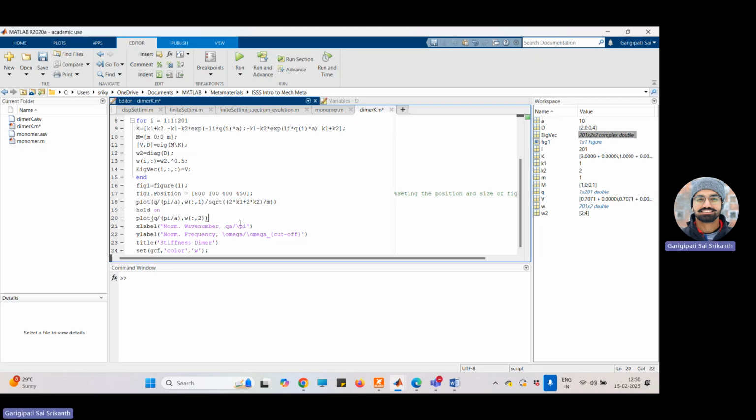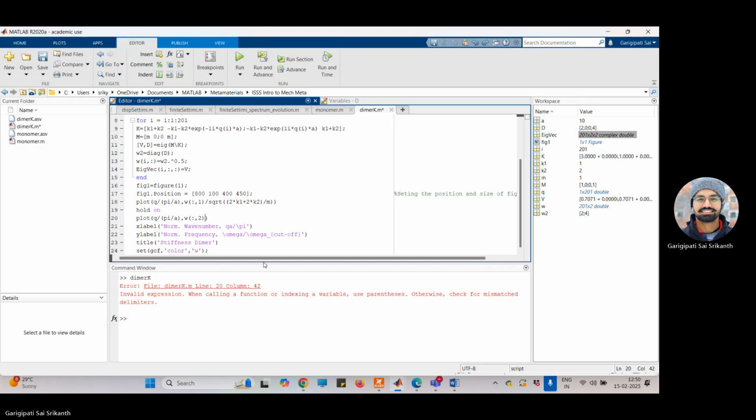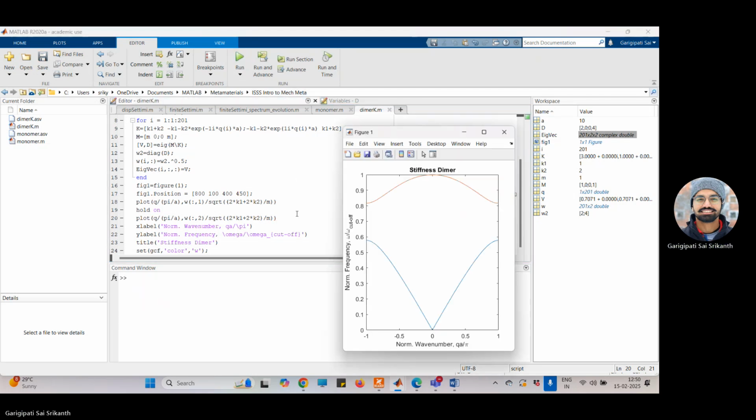This was the cutoff. So we normalize these two plots by the cutoff. Wonderful.